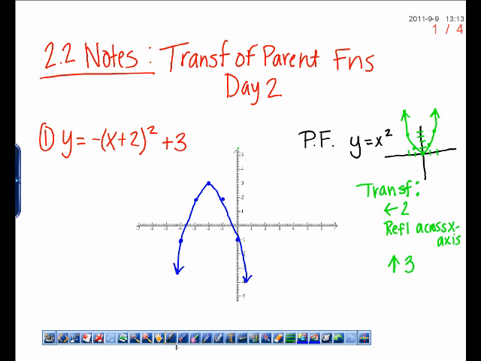A reflection across the x makes it go from upwards to downwards. Okay? So first you move left 2, and your parabola is... Oh, okay. Yeah, you have to reflect. I mean, you have to go left 2 first. Other questions on how I got this?